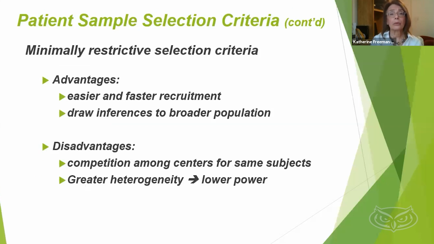Okay, well, what if you broaden the criteria for entry and you have minimally restrictive selection criteria? Well, the advantage is that it's certainly easier and faster to recruit. Generalization isn't compromised. The disadvantage is that often in a major research institution, you have investigators competing for the same patients.